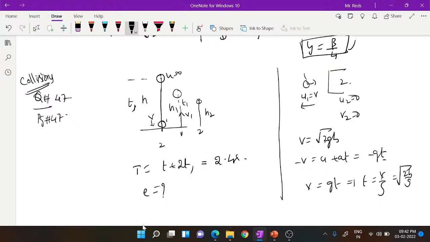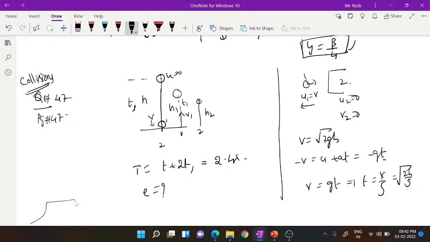Actually h is given. h1 will be the height raised after the first collision. You have to remember that general relation: after the nth collision, what is the height raised?